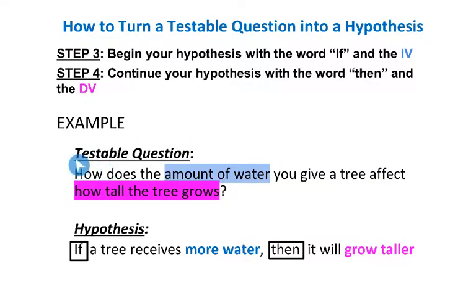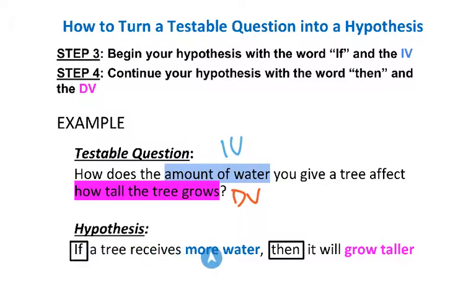So let's go back to the original testable question. How does the amount of water, that's our IV, that you give a tree affect how tall the tree grows? How tall the tree grows is our DV. So when we go to write a hypothesis, when we go to write a prediction, we're going to start with if, and then we're going to talk about our independent variable.